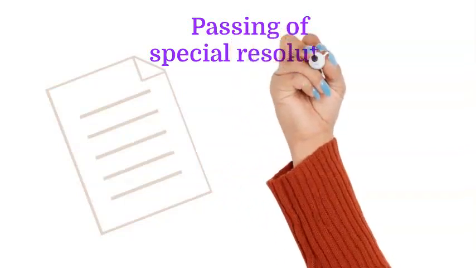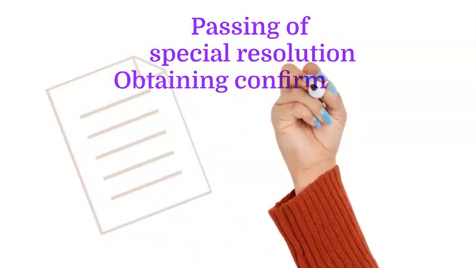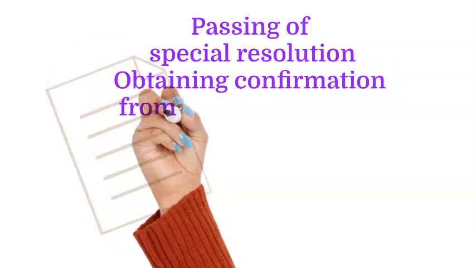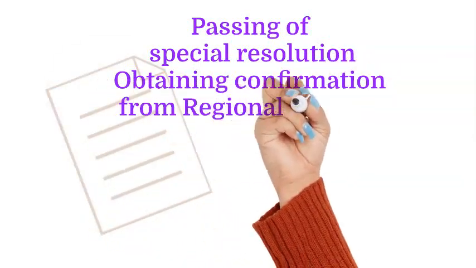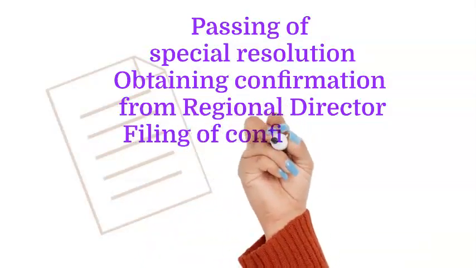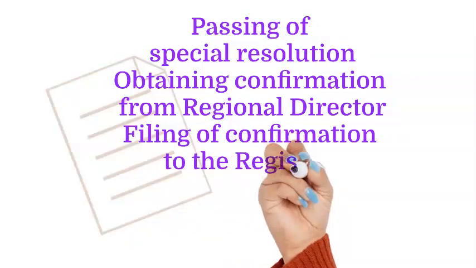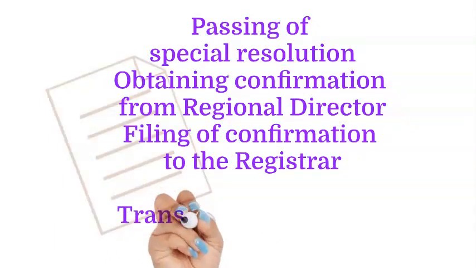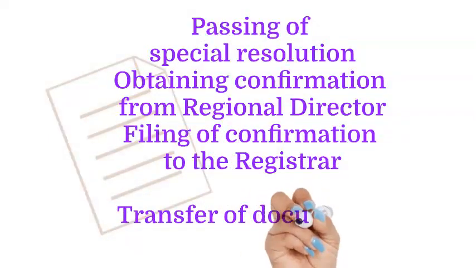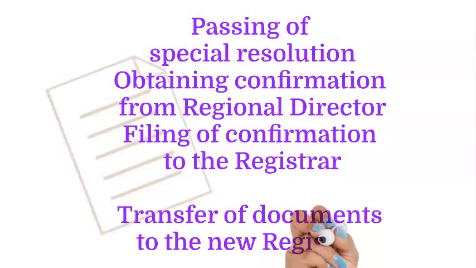On receipt of the application, the regional director shall communicate the confirmation to the company within 30 days from the receipt of the application. On receipt of the confirmation from the regional director, the company shall file it with the registrar within 60 days from the date of confirmation.